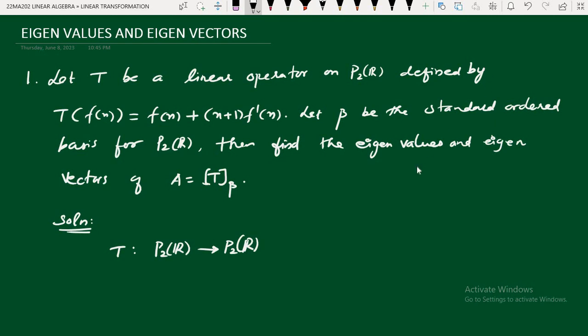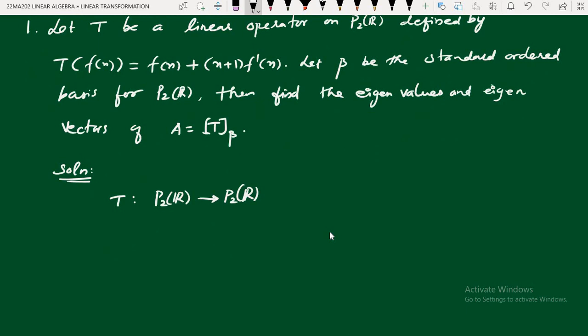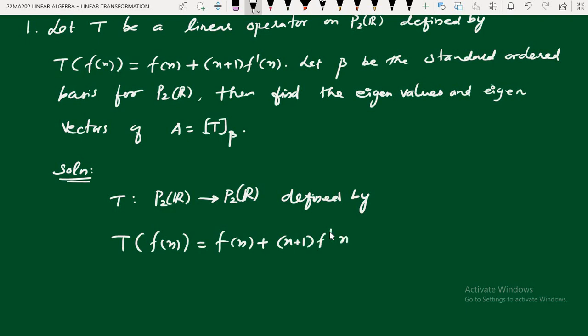Here the mapping goes from P2 of R to P2 of R, defined by T of f of x equal to f of x plus x plus 1 into f dash of x. So this is the way we define that function, and let beta be the standard ordered basis for P2 of R. That is given in the question.